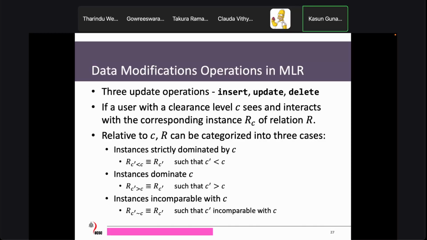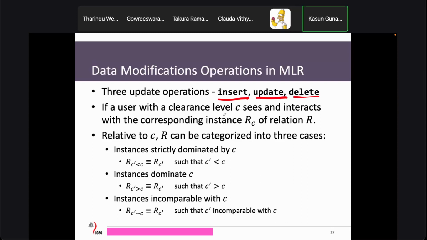Next is data modification operations in MLR. With respect to data modification, the three operations that we can consider are insert, update, and delete. Those are the operations that are going to modify data.